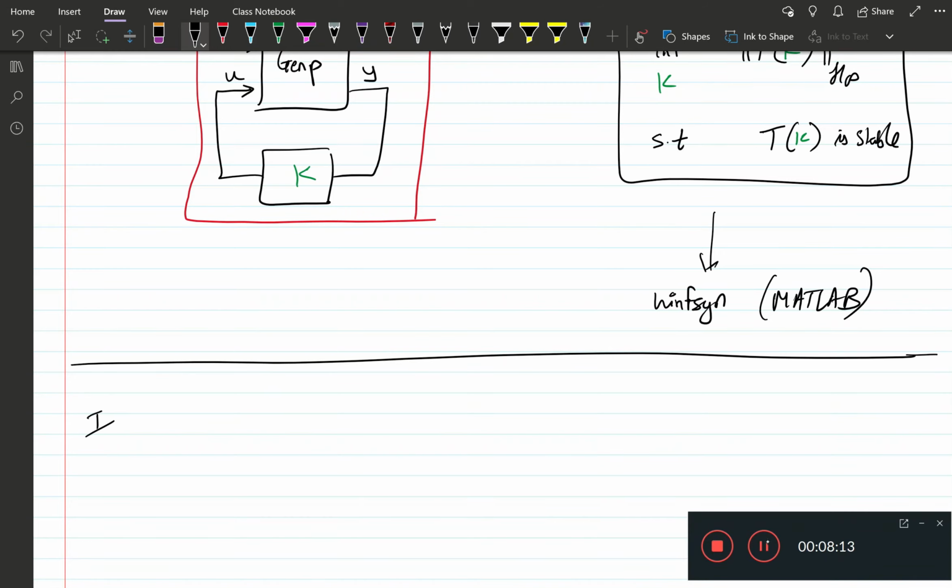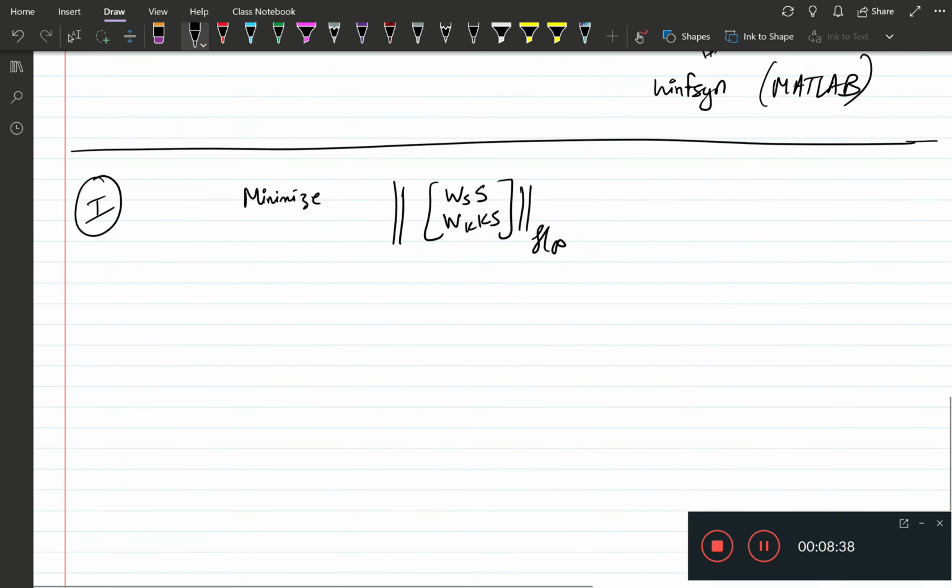So as a first step, it is recommended to use a two-block design, or in other words, to minimize the H-infinity norm of Ws times S and Wk times KS. So that's given in the hint. So that leads to a two-block structure, a generalized plant.